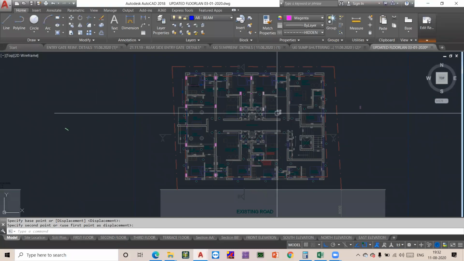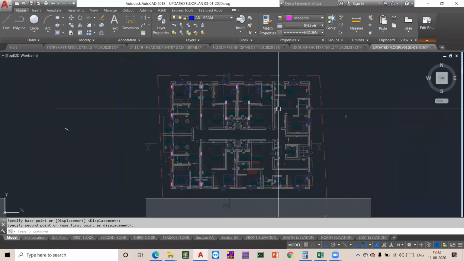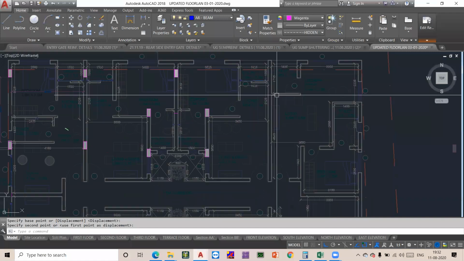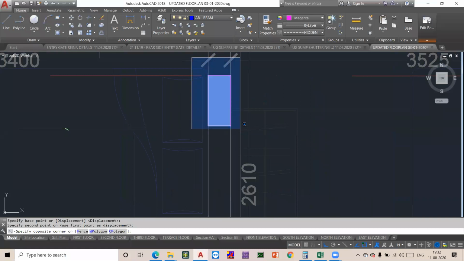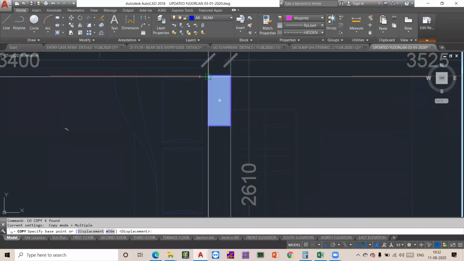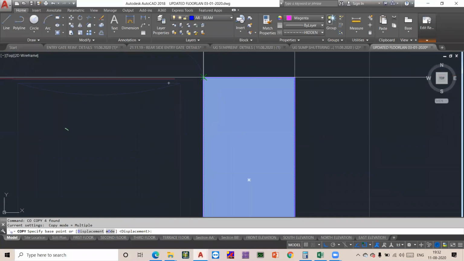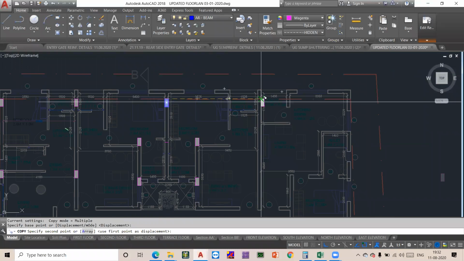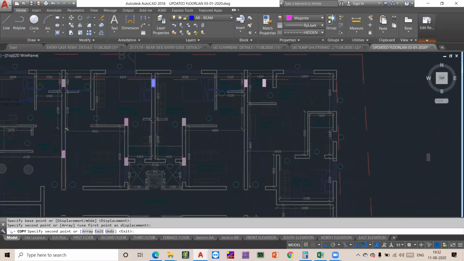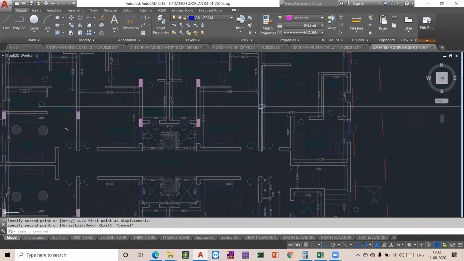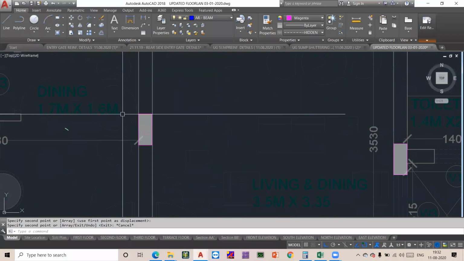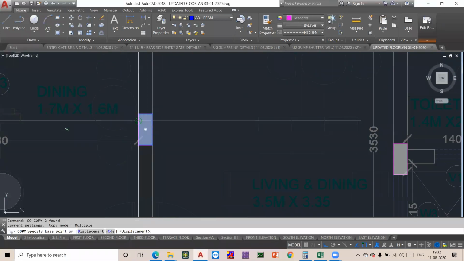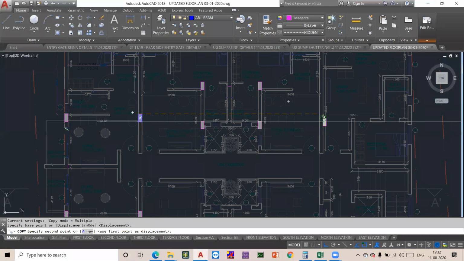Okay, and again somewhere here I may consider another column. Another column I will be considering in the same grid.